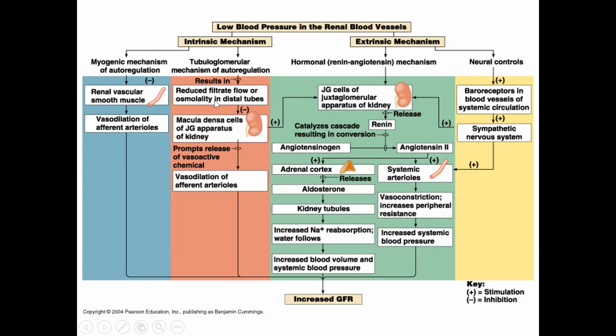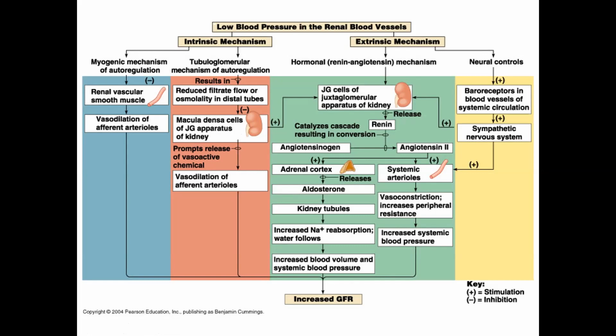Yes, and then the juxtaglomerular cells and also macula densa cells will sense the changes. Okay, so macula densa cells are chemical sensors. Remember? Let me see. Let me find it. Okay, this is in your book, page 988.